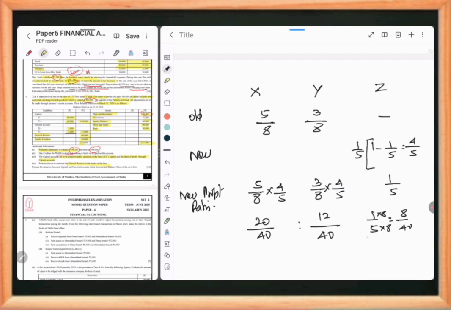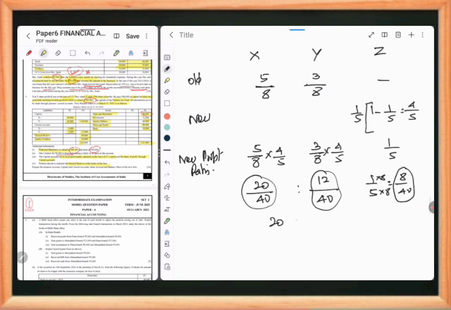So instead of 1/5, we can mention it as 8/40. So for Z, 8/40 or 1/5, same. So 8/40, here 12/40, here 20/40. So the new profit sharing ratio is 20:12:8. If we simplify by dividing by 4, it is 5:3:2.